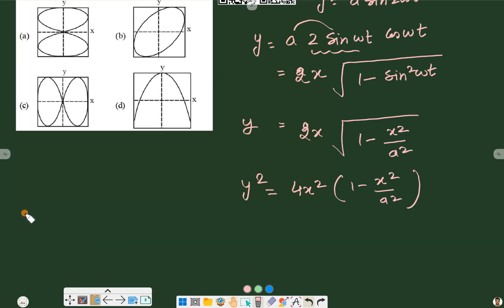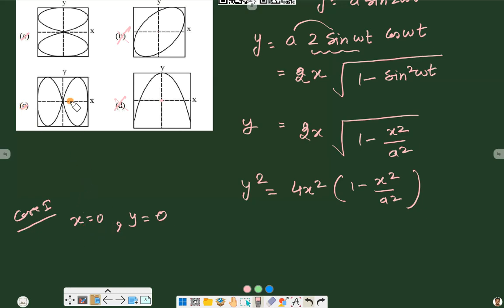We will take case 1, that x is equal to 0. When x is equal to 0, this whole equation reduces to 0, and so y is also 0. So at x is equal to 0, y is 0. Option B, when x is equal to 0, y has some value, so option B is rejected. Similarly, option D, when x is 0, y has maximum value, so this is also rejected. So only option A and option C fit for this case.